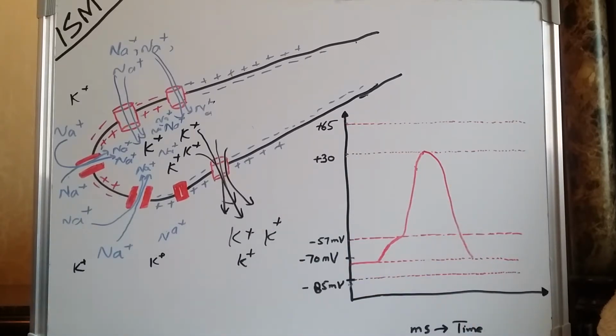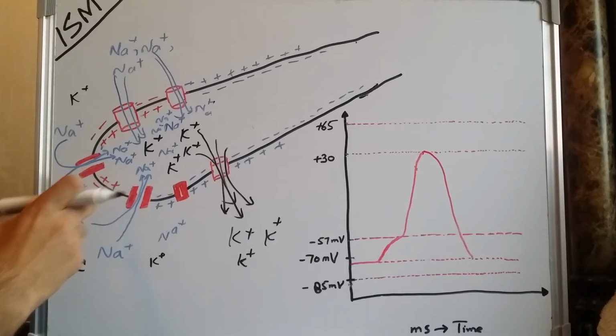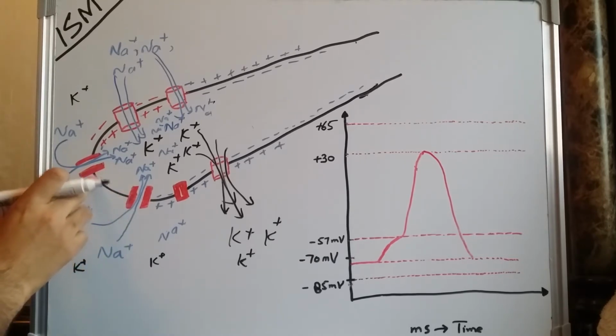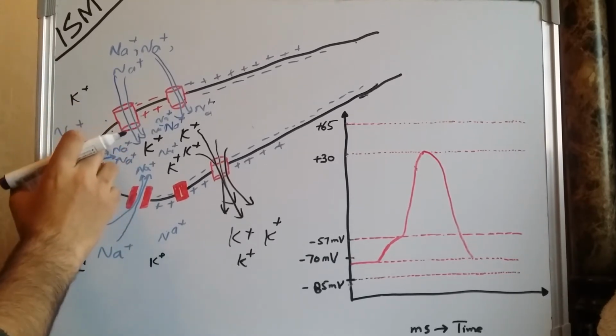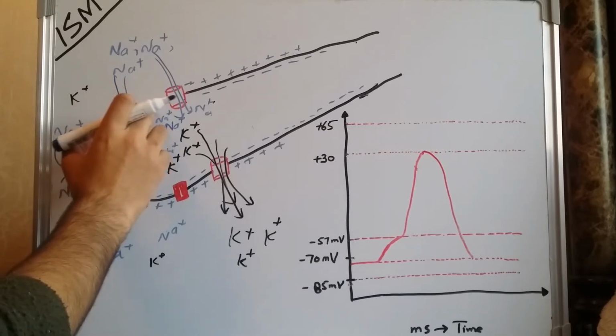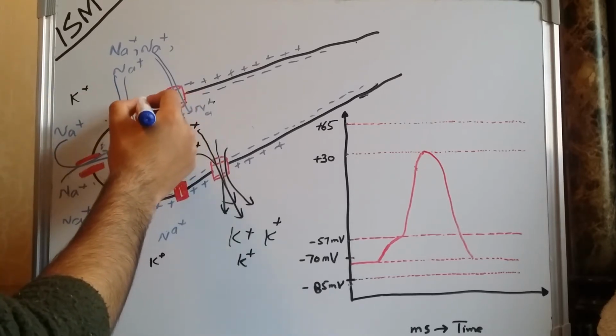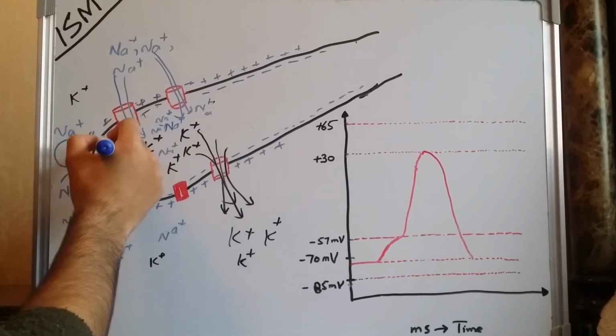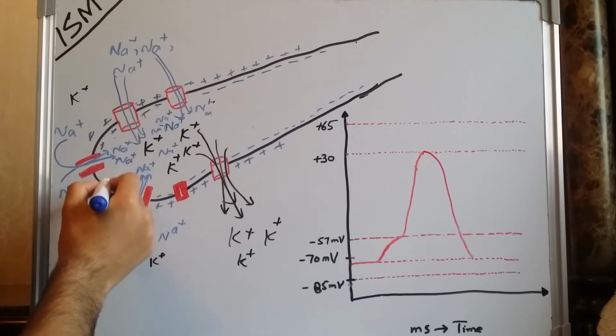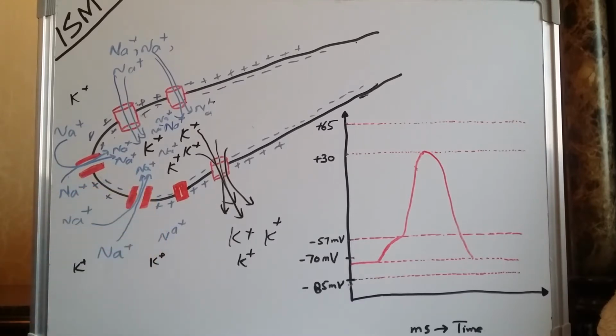Whenever it reaches the resting membrane potential, the membrane is again negatively charged inside and positive outside. So it's a little fluctuation of charges.